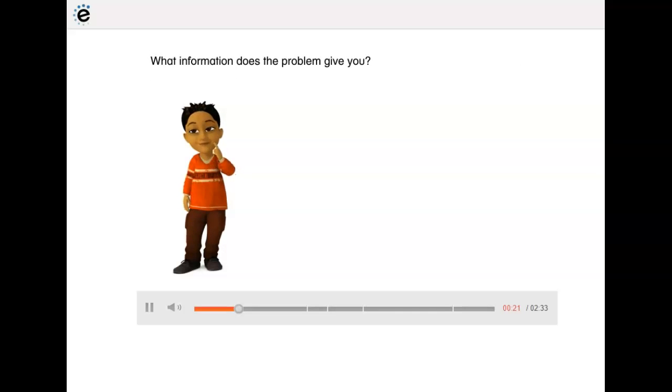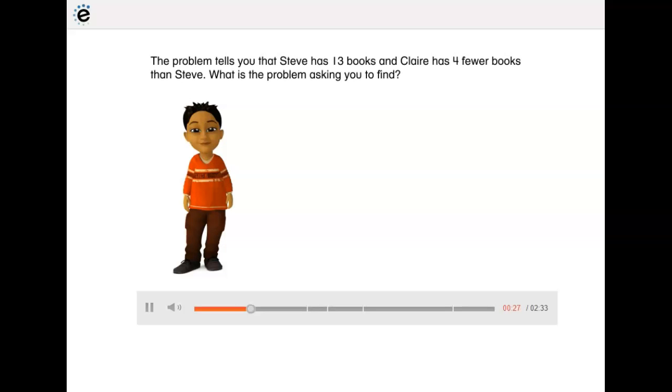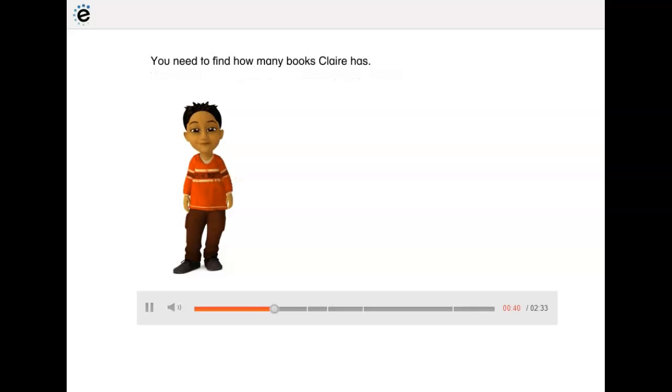What information does the problem give you? The problem tells you that Steve has 13 books and Claire has 4 fewer books than Steve. What is the problem asking you to find? You need to find how many books Claire has. Let's find out.